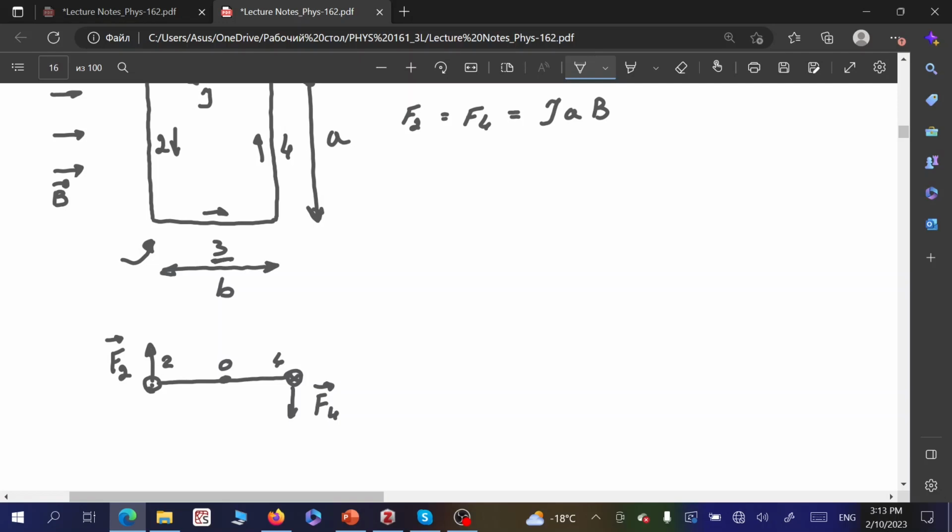Here we have so-called shoulders. So this will be B over 2. And here's the same B over 2. Recall how we determined the magnitude of torque?